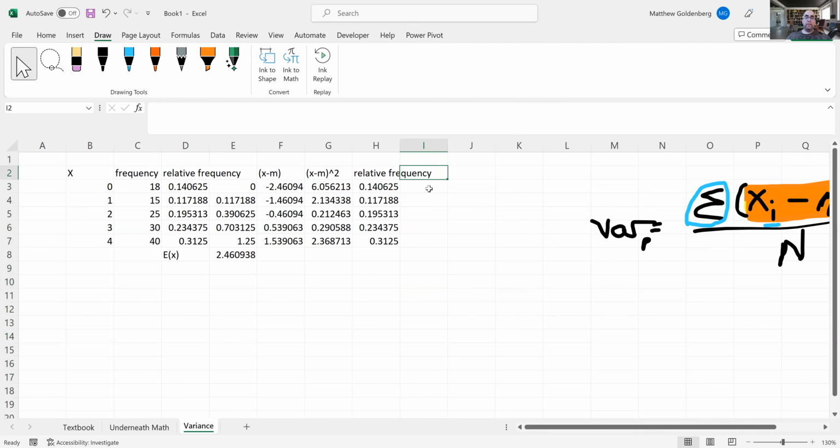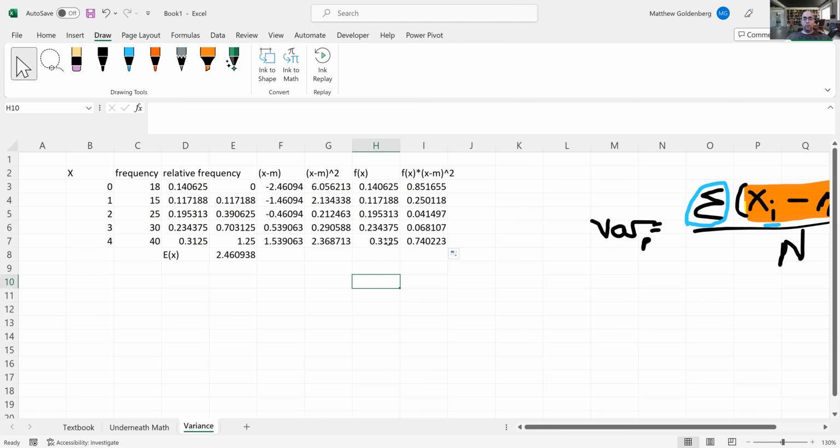And we're going to sum them. So I'm going to call relative frequency f of x, and I'm just going to take the sum. We take the sum by doing f of x times (x minus mu) to the second. So it's g times h is what we're doing here. And we're going to finish this off by just dragging the formula down.